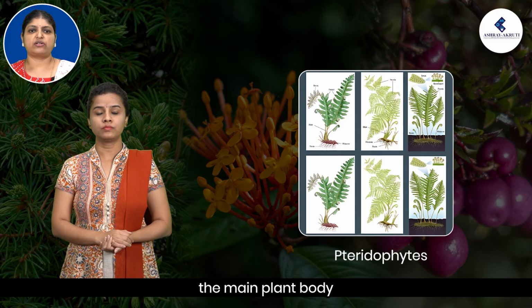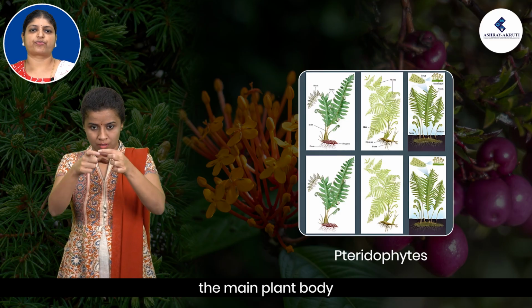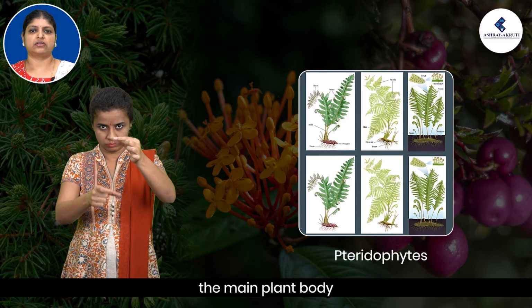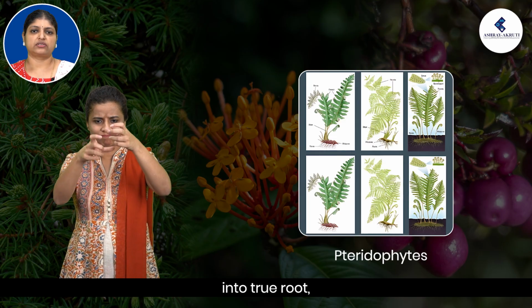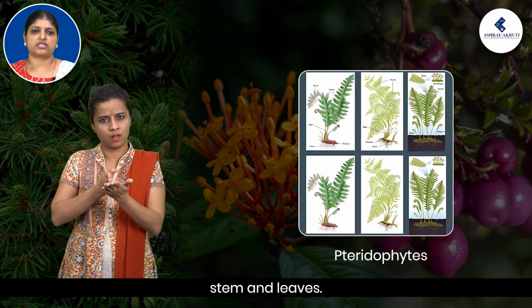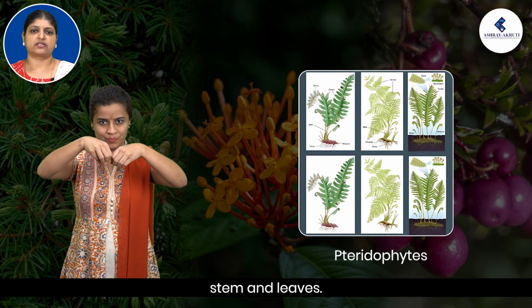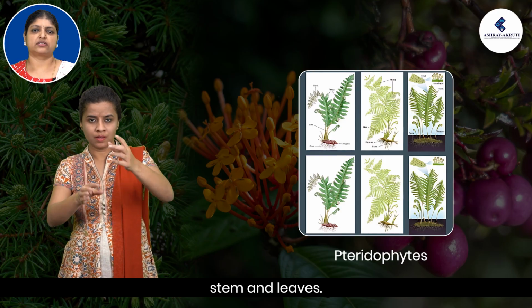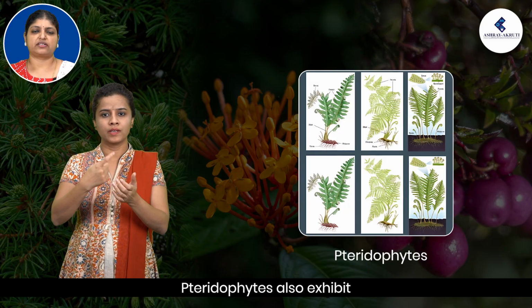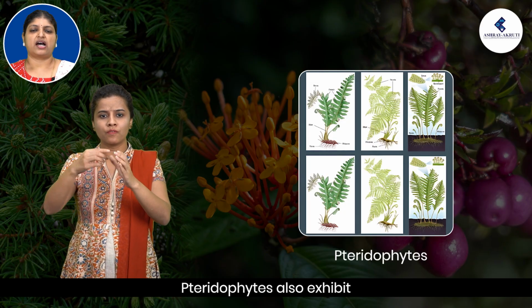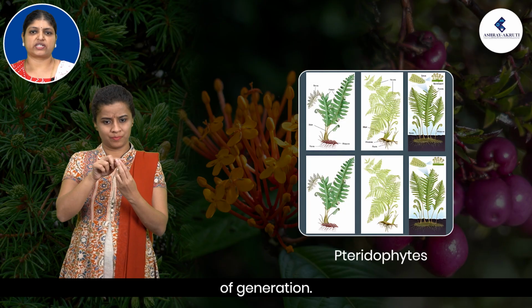The main plant body is differentiated into true root, stem and leaves. Pteridophytes also exhibit alternation of generation.